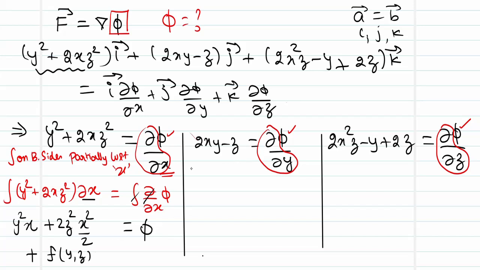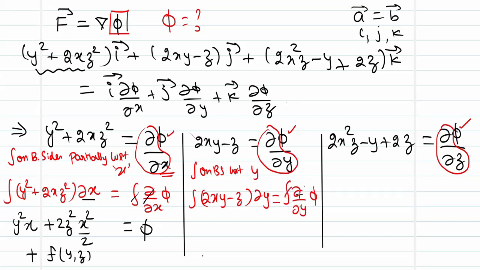In a similar way, when I integrate on both sides of the second component with respect to the variable y, what will happen? I have 2xy minus z with respect to y partially, and this is going to be the integral of dou by dou y of phi. Again, integral and dou cancel off, leaving you with phi.